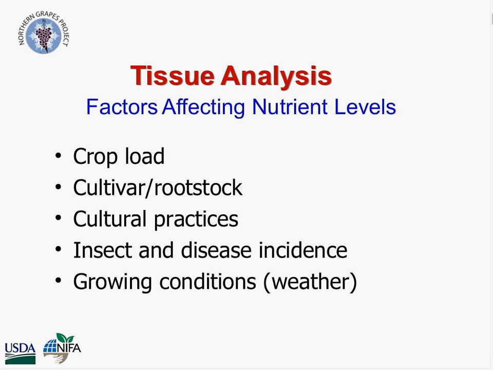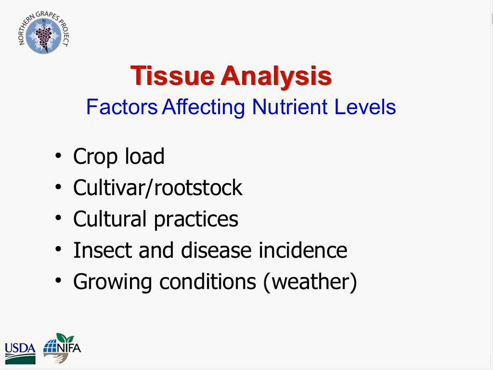Insect and disease incidence will have an effect, and of course growing conditions and weather in particular, and really a lot of that has to do with moisture relations. Some of our nutrients, if we have excessive moisture or lack of moisture, are not taken up as well by the plants. So that really comes in and affects analysis.